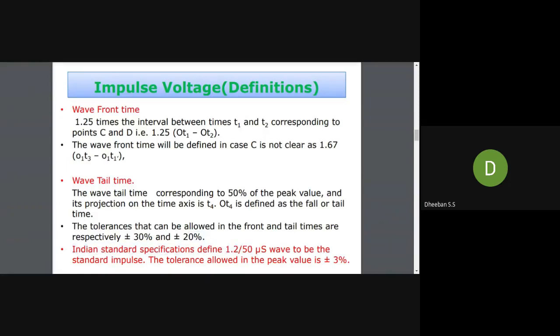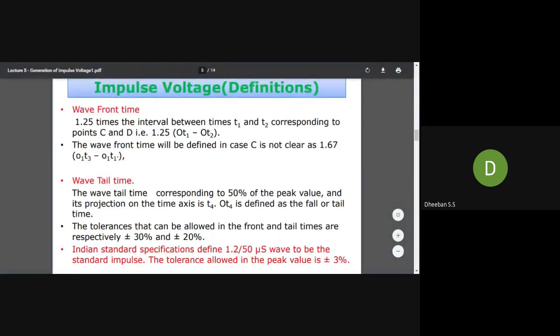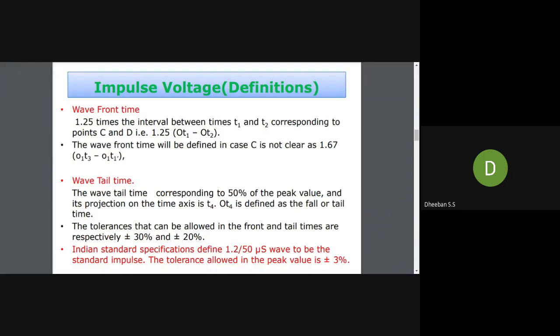And the tolerance they are giving is plus or minus 3%. As per the definition, it is plus or minus 30%, but as per the Indian standards, they are giving the tolerance of only 3%. 3% means you can take the 3% of 1.2, and you can add it and subtract it. This 1.2 into 0.03, if you multiply, that's what will give you around your 3% value.